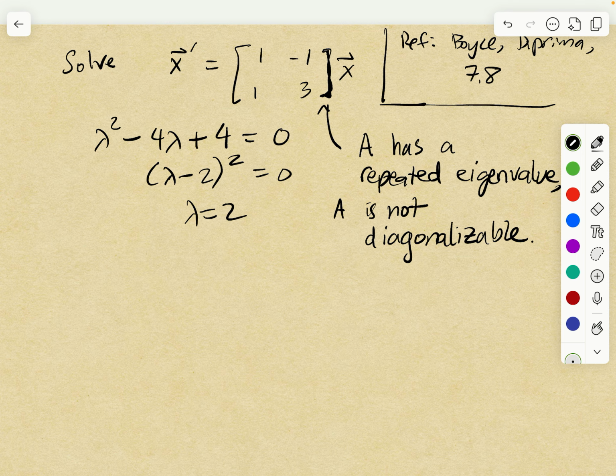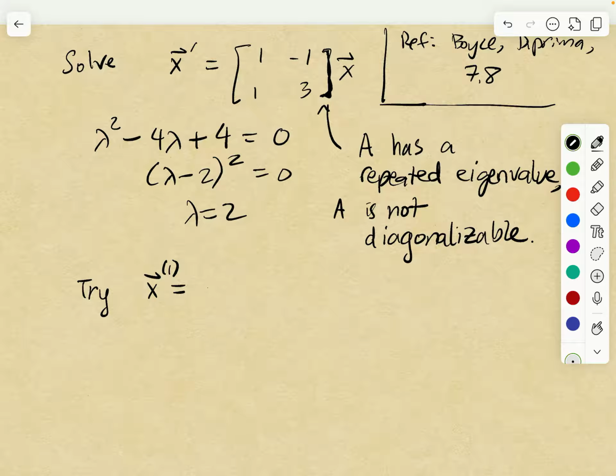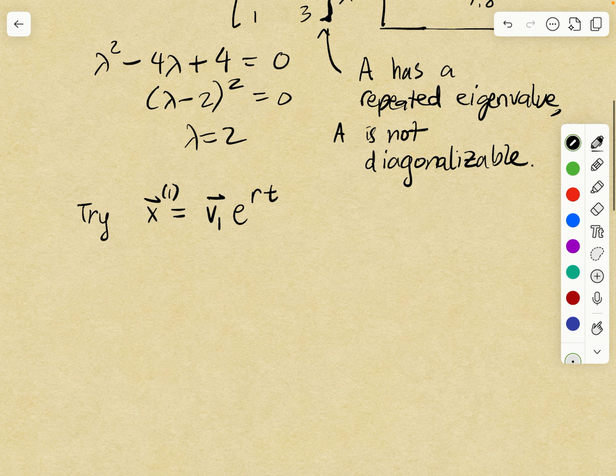So what you can do in this case is the same thing to find one of the solutions. The first solution will come from v1 e^(rt), where r is your eigenvalue, or lambda.